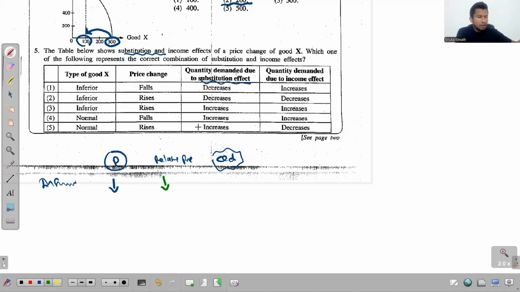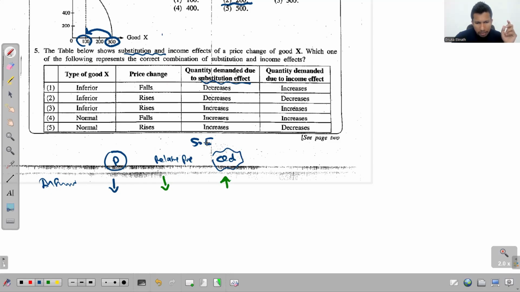So when compared with the other substitutes, when the price of this product reduces, it becomes relatively cheaper, so that the consumers move from those substitutes to the considered good. They avoid using those substitutes and they start using the considered good, so that as a result, the quantity demanded of the considered good increases. Clear? So this is what happens under substitution effect.